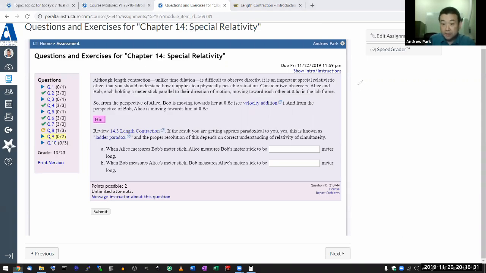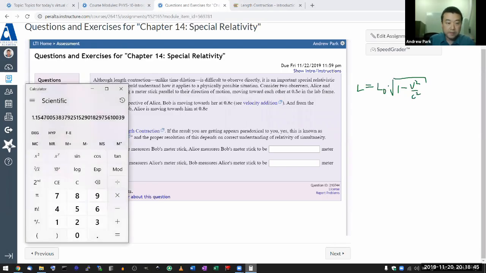So the length in the reference frame where the ruler is moving is equal to its proper length times the square root of 1 minus v squared over c squared. So here v over c is 0.8.